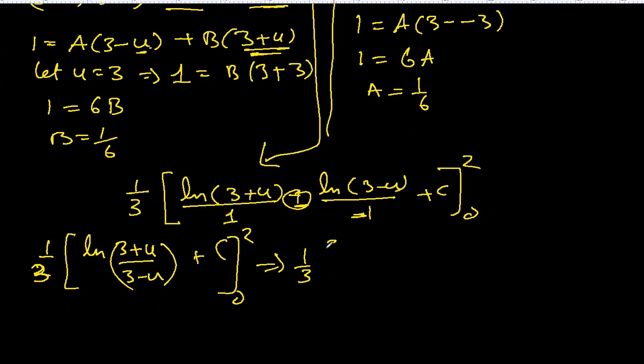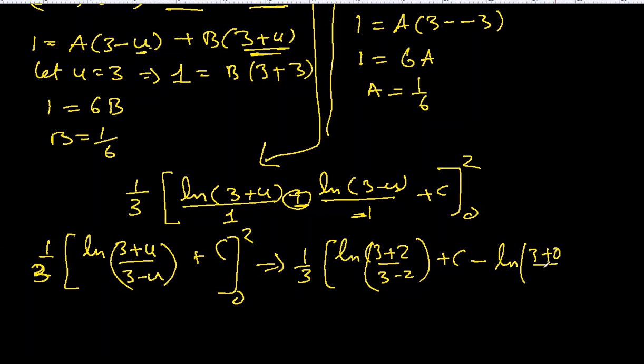So 1 over 3 ln of (3 plus 2) over (3 minus 2), plus c also, and then we'll subtract ln of (3 plus 0) over (3 minus 0), and this time minus c. Plus c and minus c cancel out.